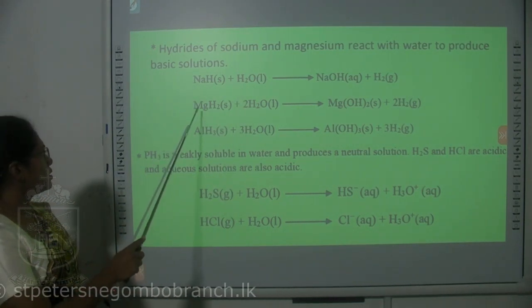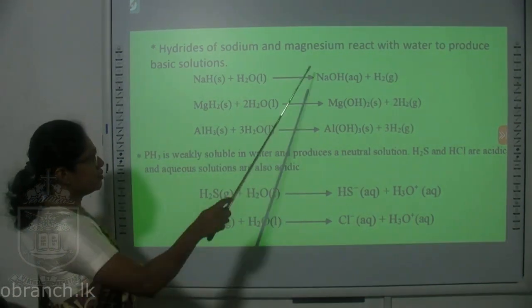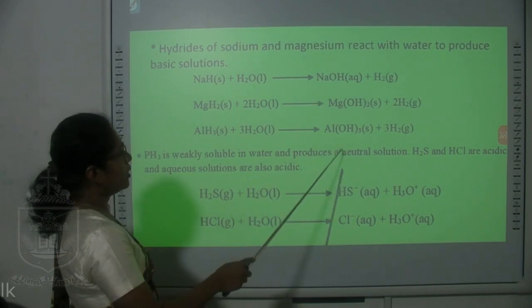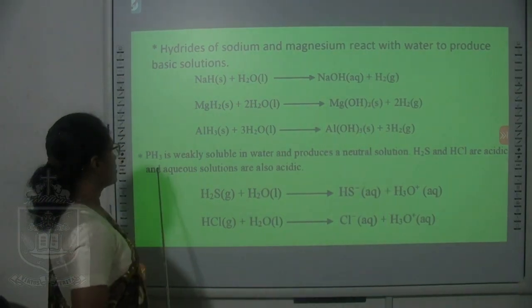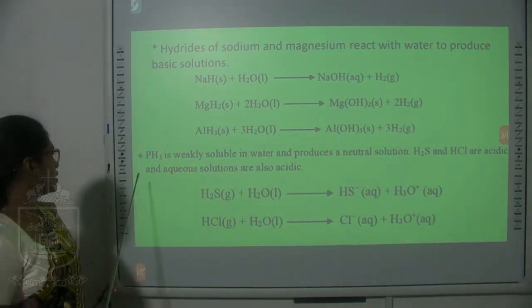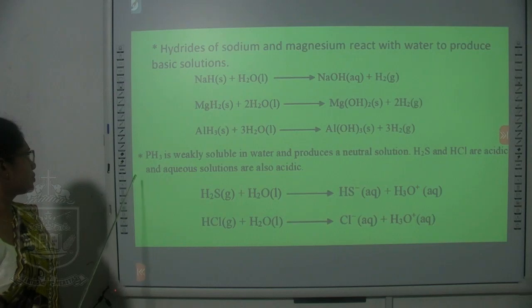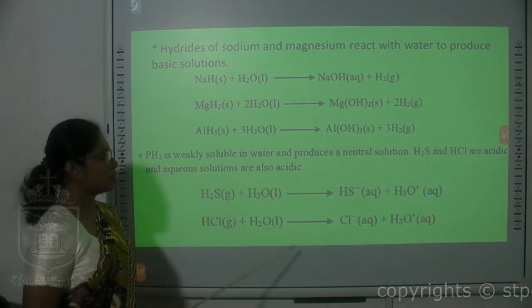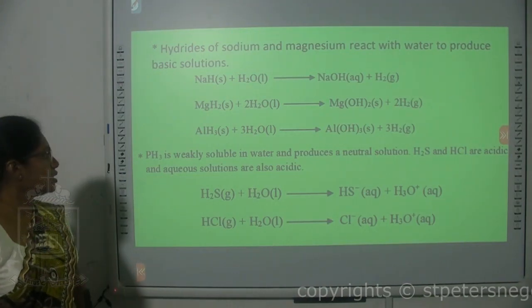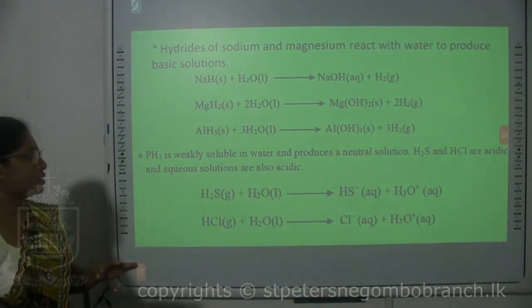Sodium, magnesium and aluminium hydrides react with water and form the relevant hydroxides and hydrogen gas. And if we take PH3, or phosphorus hydride, it is weakly soluble in water and produces a neutral solution.